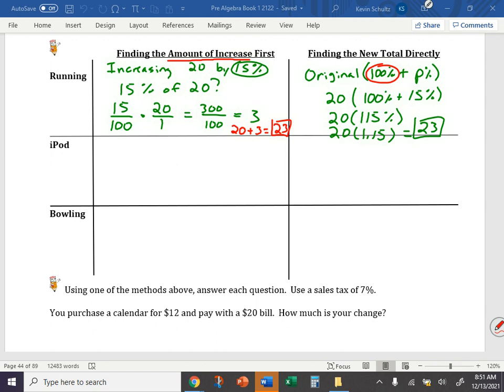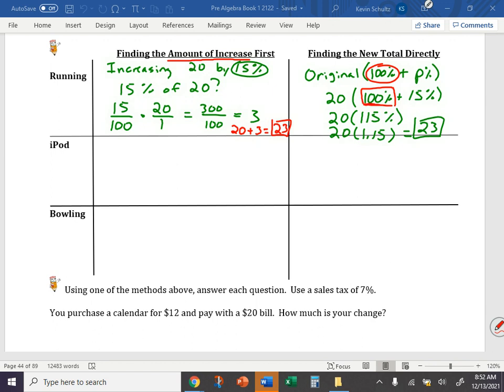It represents that 20. So when we multiply 20 by 100% plus 15%, 100% is one whole. If you multiply 20 by one whole, what do you get? 20. So the purpose of this 100% is to give us our original amount back again.